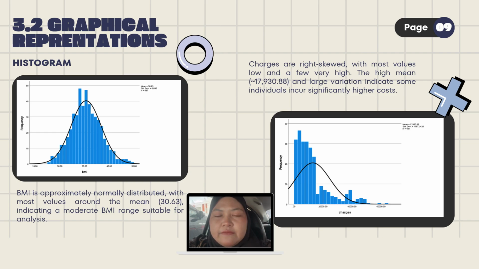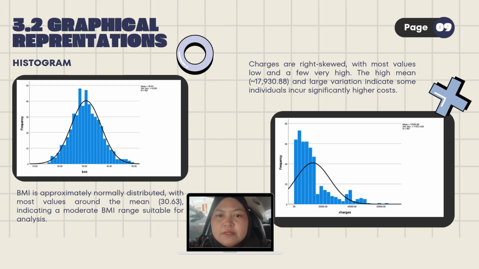Lastly, the histogram for BMI shows an approximately normal or bell-shaped distribution. Most BMI values are clustered around the mean of 30.63, indicating that the majority of respondents fall within a moderate BMI range.